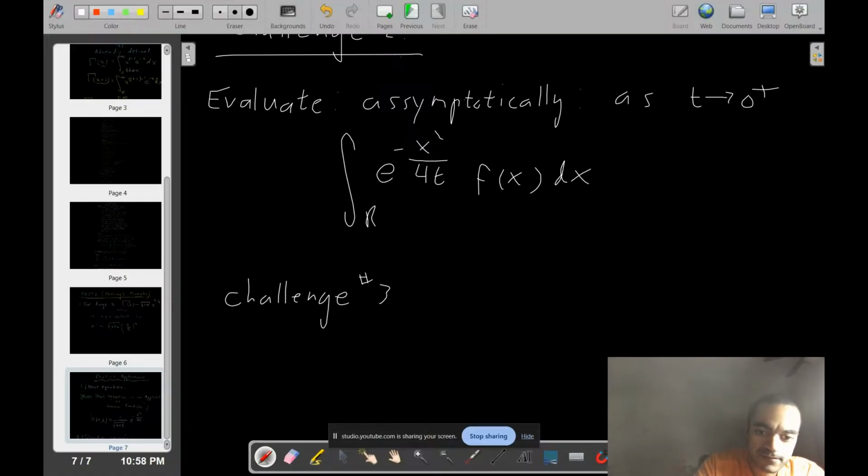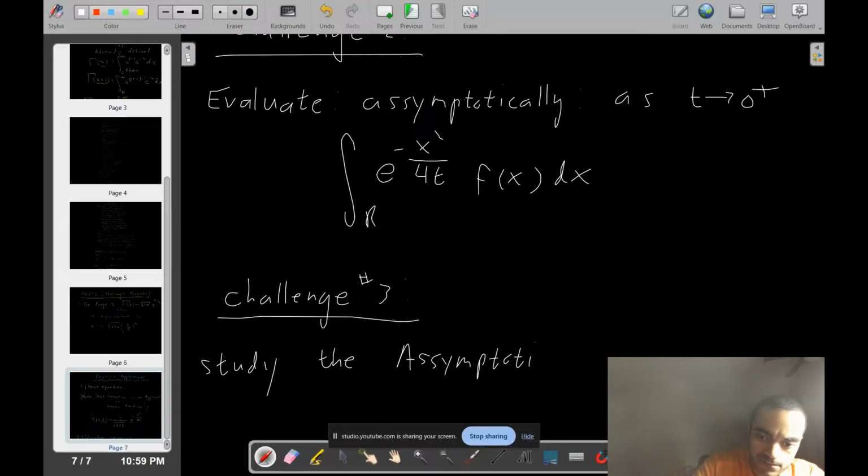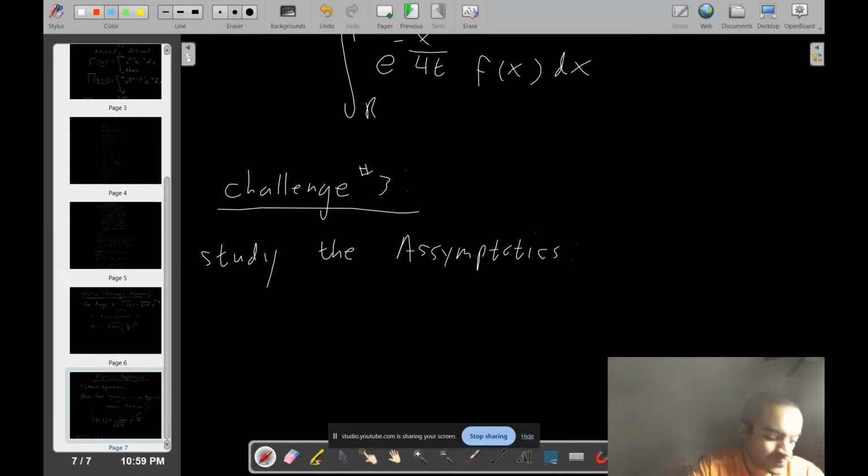Number 3, okay, is study the asymptotics of the following integral. Okay, this has to do with a quantum oscillatory integral.